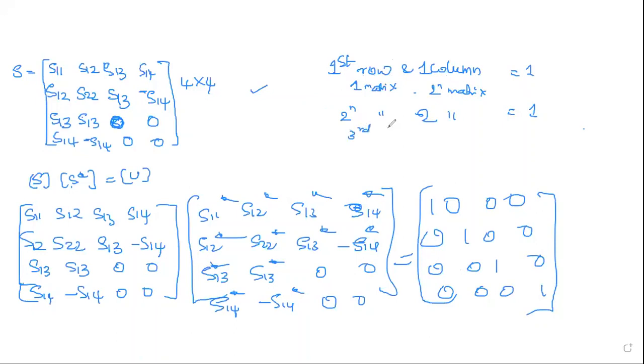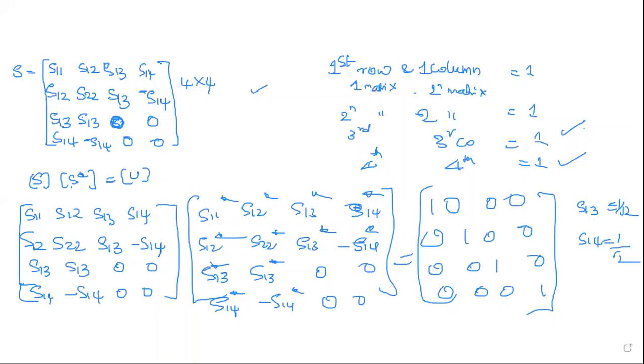Third row, third column equated to 1. Fourth row, fourth column equated to 1. Make those equations as 4 equations. From the third and fourth, you will be able to get S13 and S14 values. I think you will be getting the same, that is 1 by root 2 and 1 by root 2.